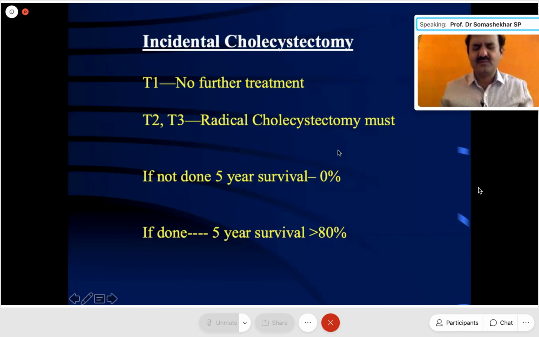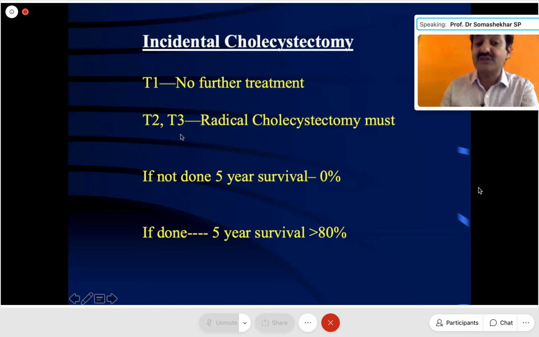Why is it important? If somebody has undergone a laparoscopic cholecystectomy for an asymptomatic gallbladder for some benign reason, suddenly the report comes for adenocarcinoma, what to do? You get the pathological report, read it in detail, and if it is very well documented, it's T1, we know no further treatment required.